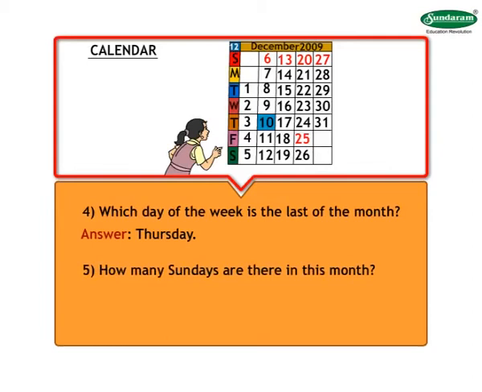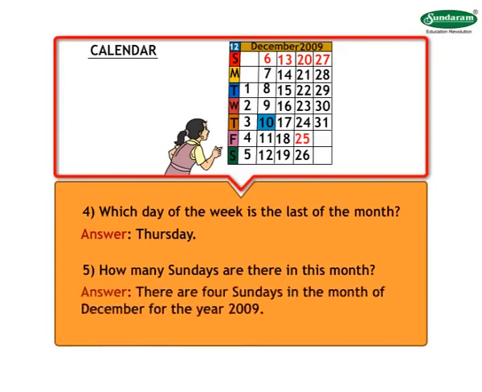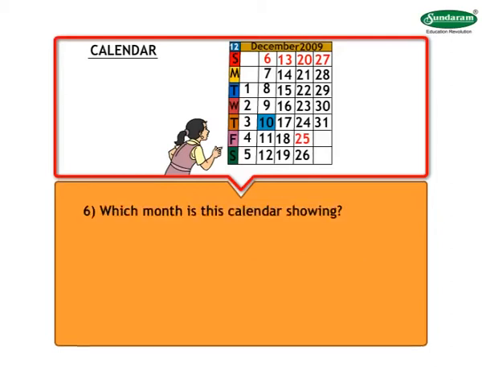As seen in the calendar, the dates 6, 13, 20 and 27 are written in red in the column S, which stands for Sunday, which means there are 4 Sundays in the month of December for the year 2009. 6. Which month is this calendar showing? Of course, it is the month of December.